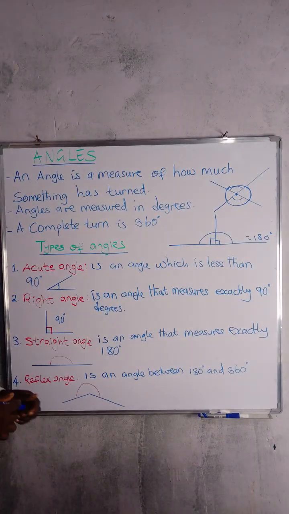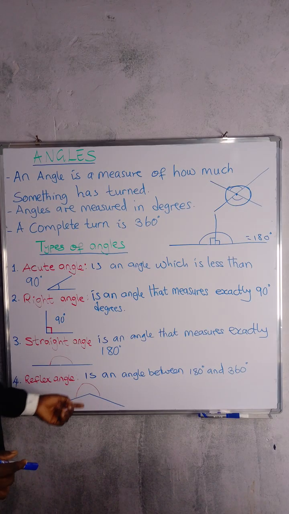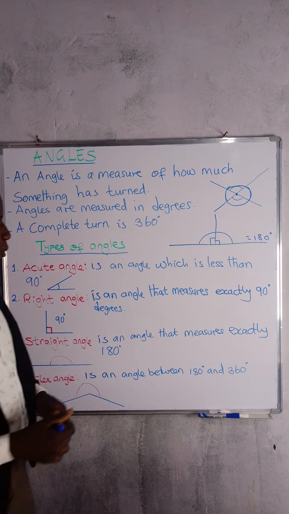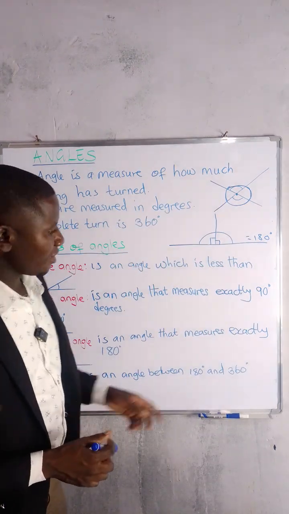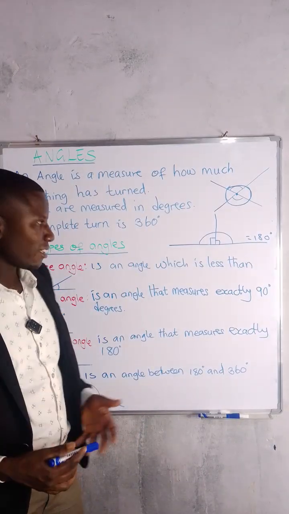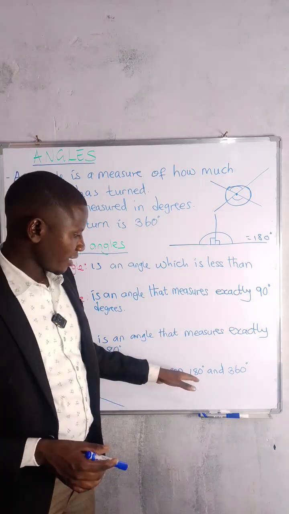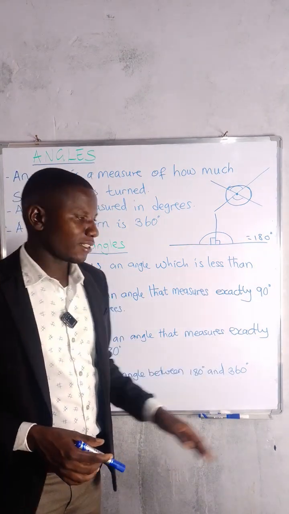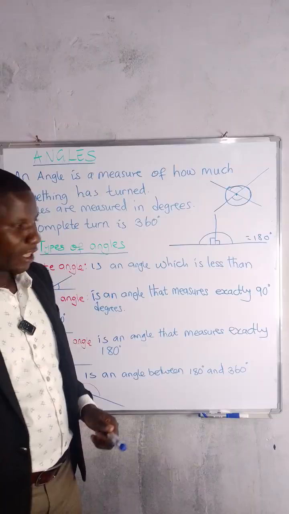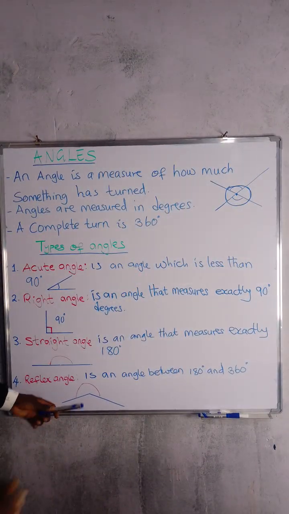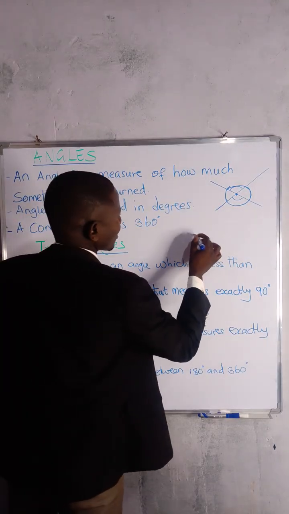We have another angle which is called a reflex angle. A reflex angle is an angle between 180 degrees and 360 degrees. Like this here, because this is a straight line.